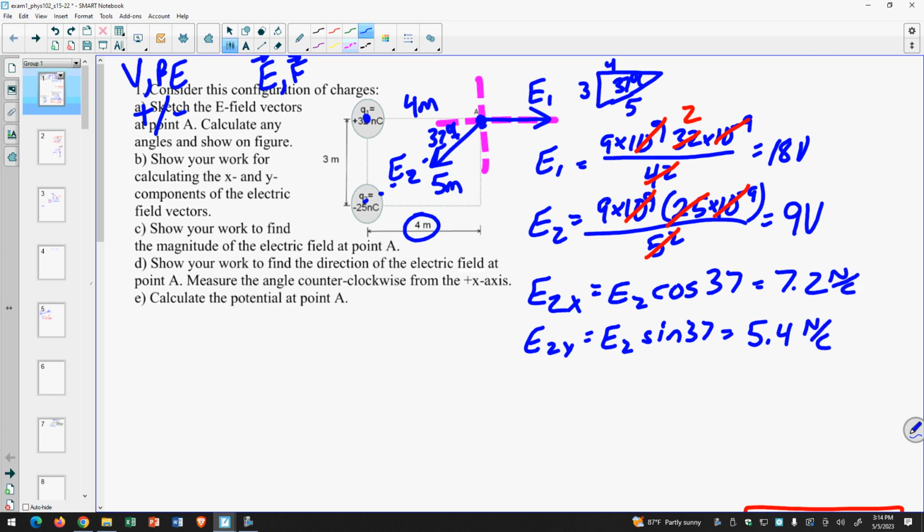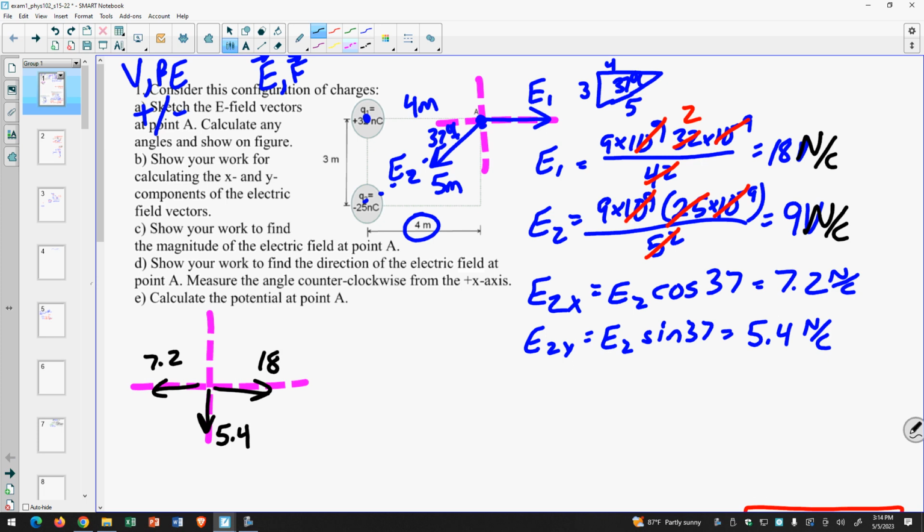Okay, so now you draw your resolved vectors. That's going to be E1 is 18. I said volts, I'm sorry, this should be newtons per coulomb. 18, and then E2x is 7.2, and then E2y is 5.4.